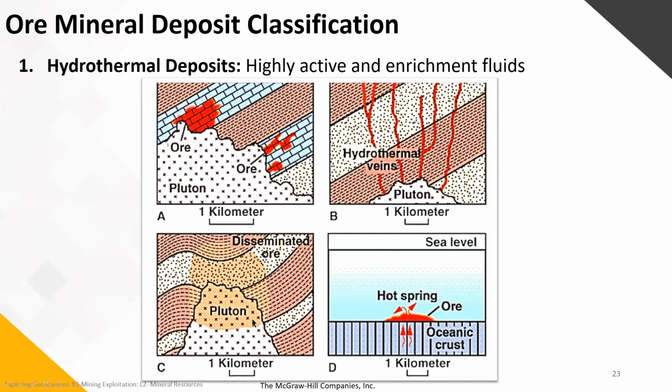Semi-massive is between 50 and 75 or 80%, and below that would be either disseminated or within a vein or whatever texture, but it will not be considered a massive or semi-massive sulfide. And of course, we have the hot springs above, within the ocean crust.